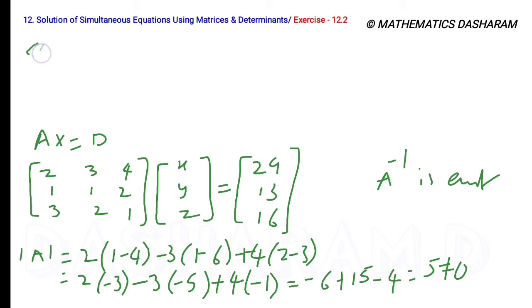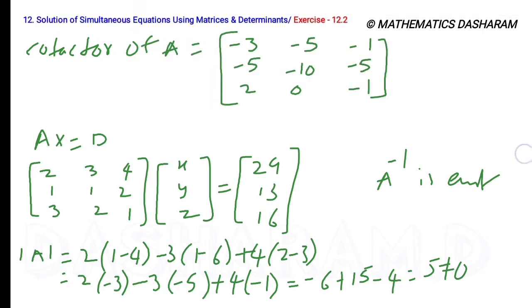So now let's find out the cofactor matrix of A. So now change the symbols: here plus, next here minus, here plus, next here minus, next here plus, next here minus, here plus, here minus, plus.